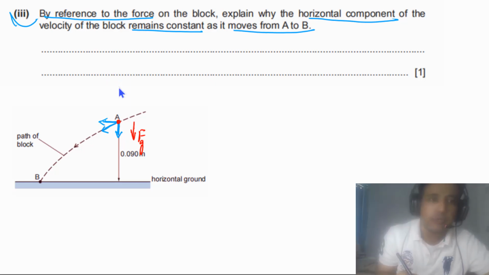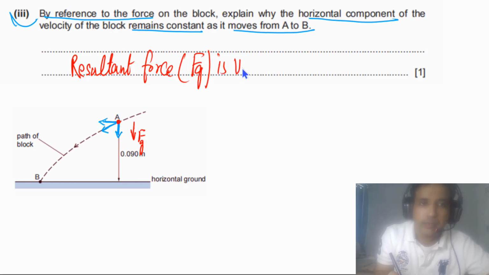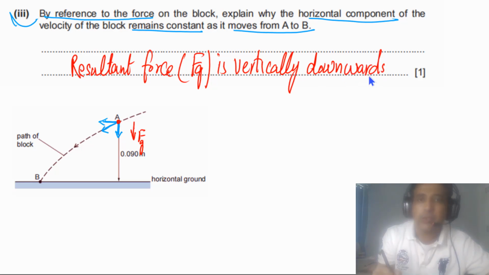So simply we can say in this case resultant force is vertically downwards, because gravity is acting vertically downwards. That's the reason horizontal component will remain constant, because there is no force along horizontal.